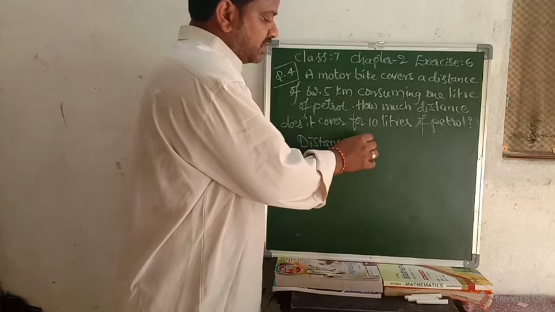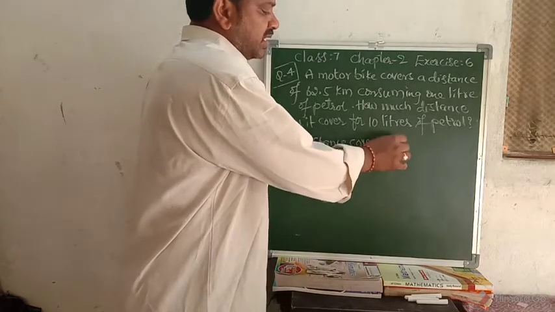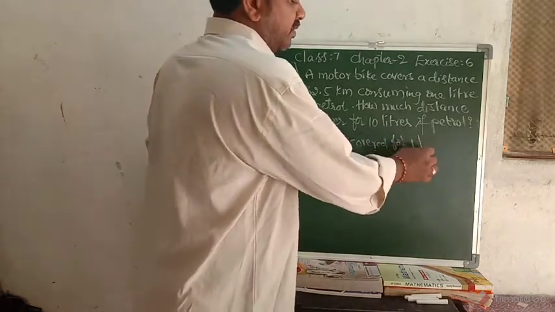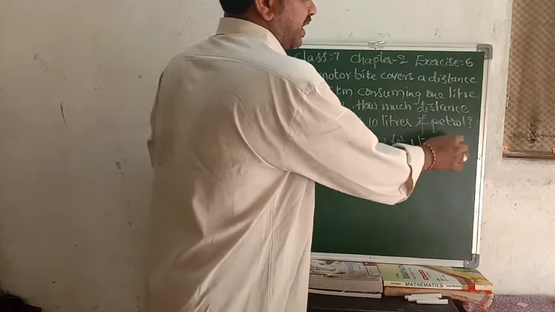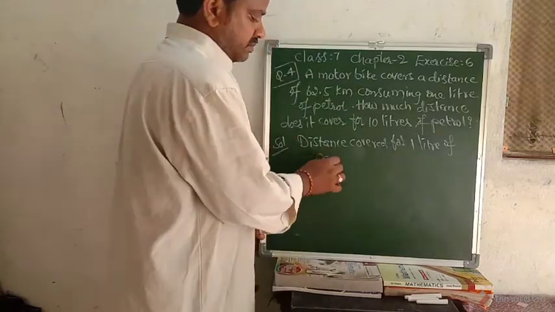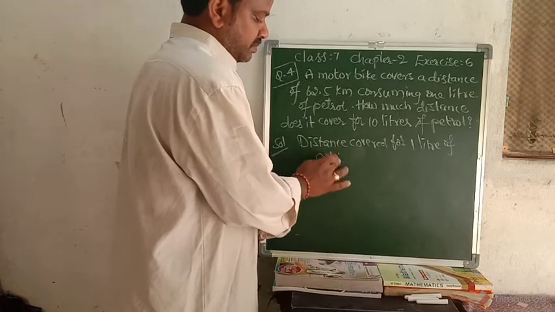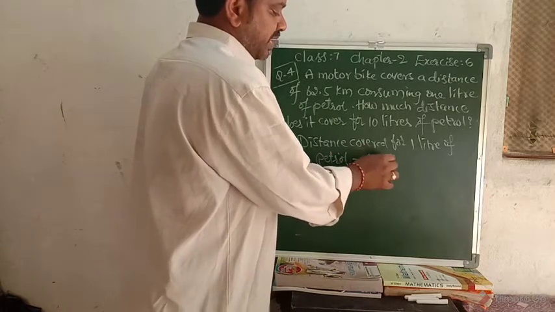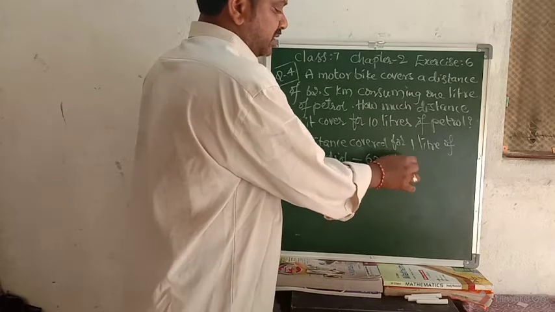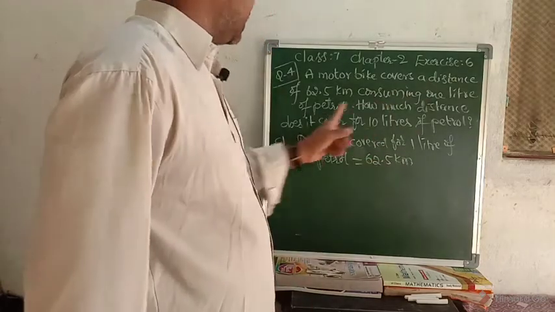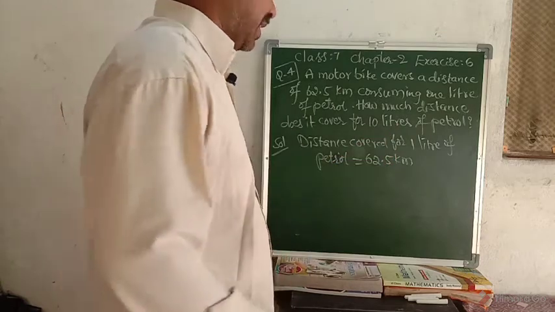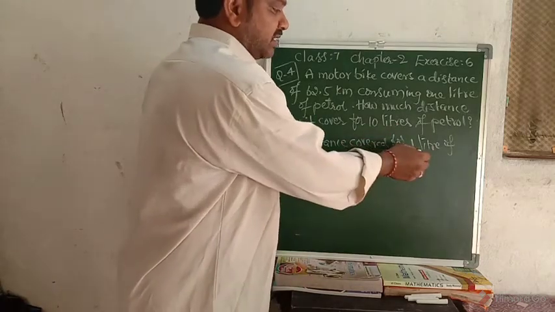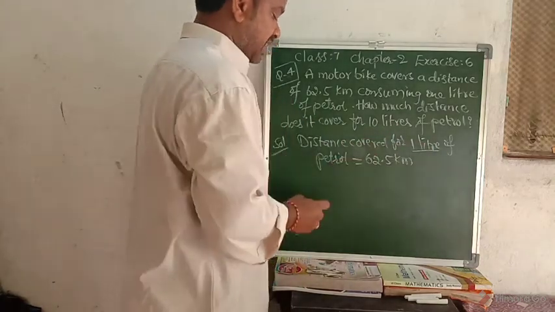Right. You write the first step: distance covered for 1 liter of petrol is equal to 62.5 kilometers. How much distance does it cover for 10 liters of petrol? For 1 liter, it covers 62.5 kilometers.